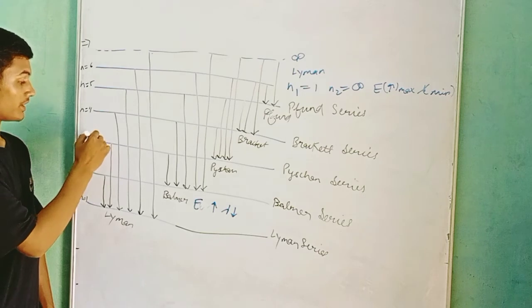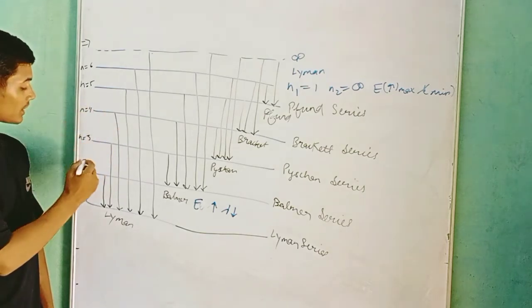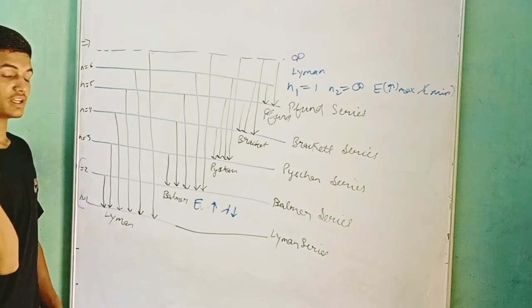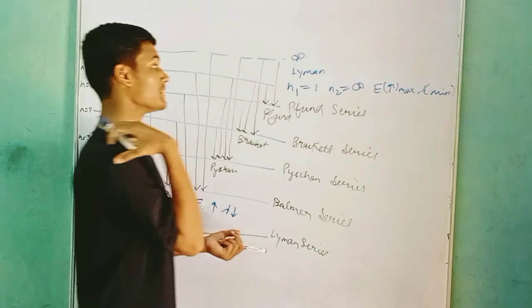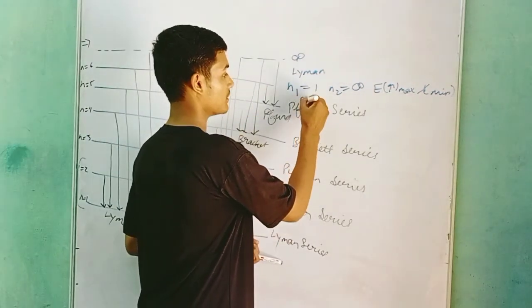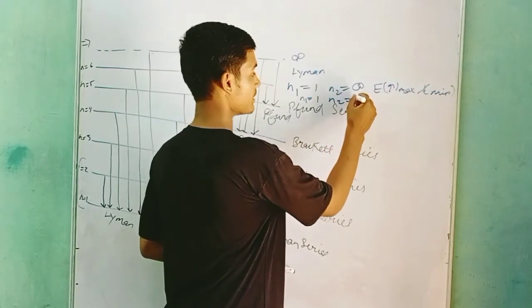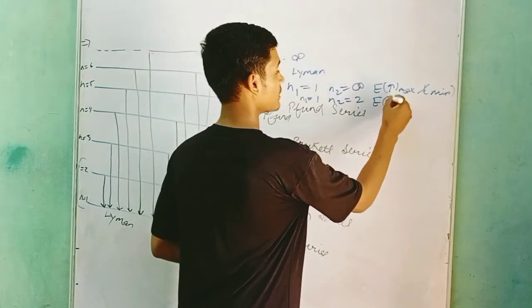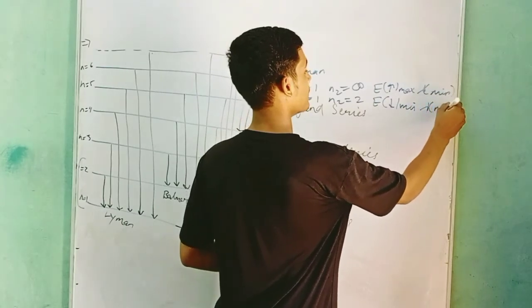When we increase the number of shells, the energy of the orbits increases, so both are lower energy orbits. So when electrons come from n2 to n1, the emitted energy is very less. So E is minimum and lambda is maximum.